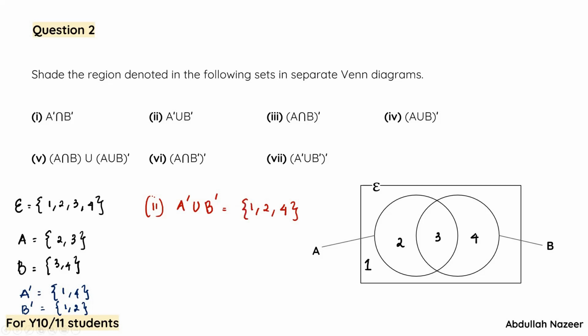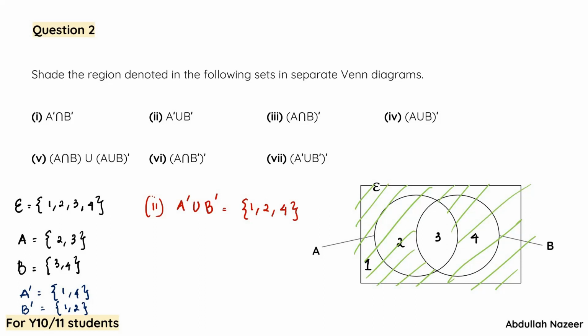So those are the 3 numbers that you have when you put together A complement and B complement. The regions that belong to this set are the regions numbered 1, 2, and 4. So except 3, everything else belongs to this region. Let's go ahead and shade that in. This is the region that belongs to the set A complement union B complement.